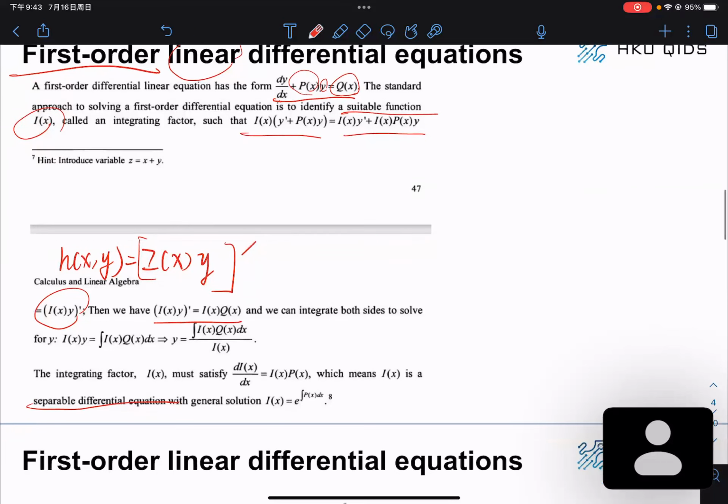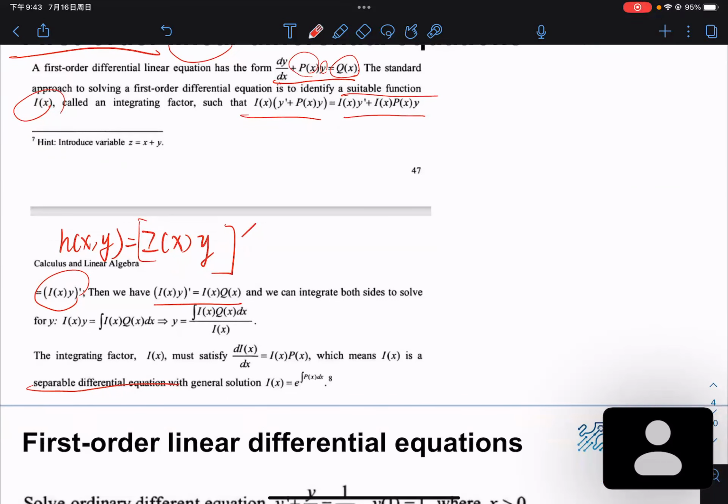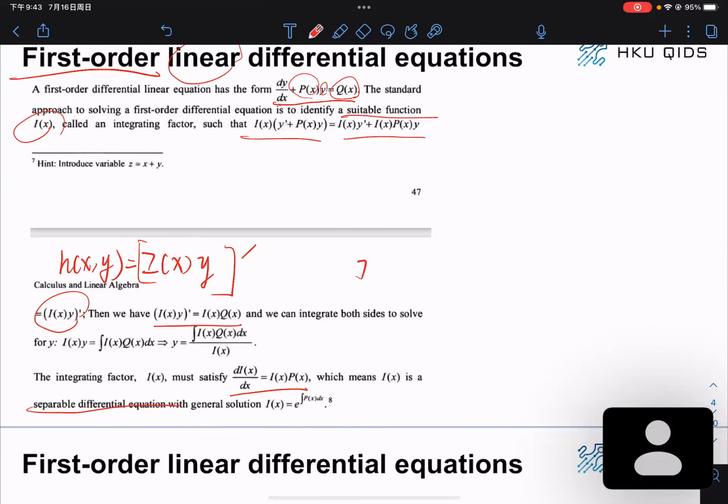And usually the integrating factor must satisfy this one. Because once we multiply by I(x), you can see from here, right? This is I(x) times the first derivative of y plus I(x) multiplied by p(x)y.